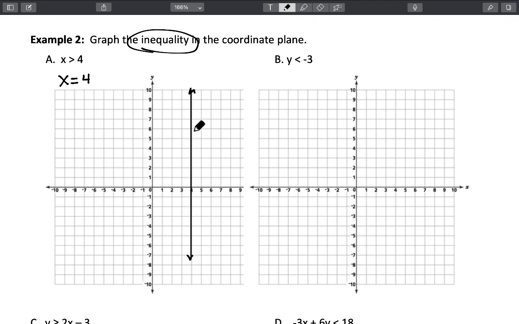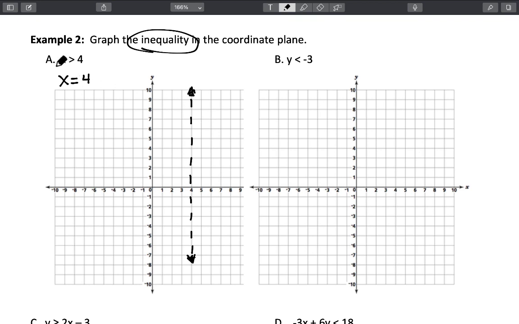Now the one thing that's wrong with this solid line is that I don't want all of the x's greater than or equal to 4. I actually just want all the x's greater than 4. So I need to create what's known as this dotted vertical line. That dotted vertical line means that the boundary line is not included in the solutions.